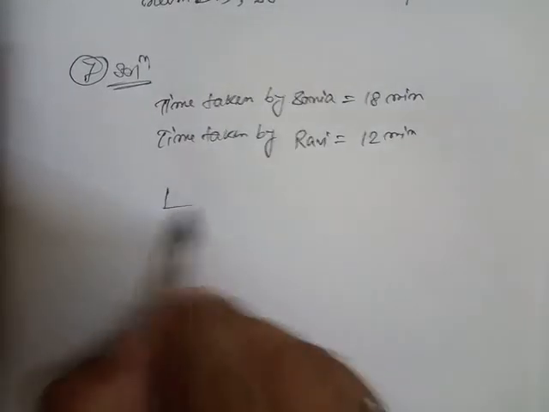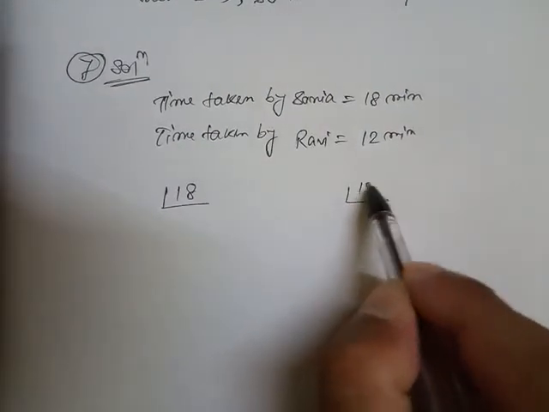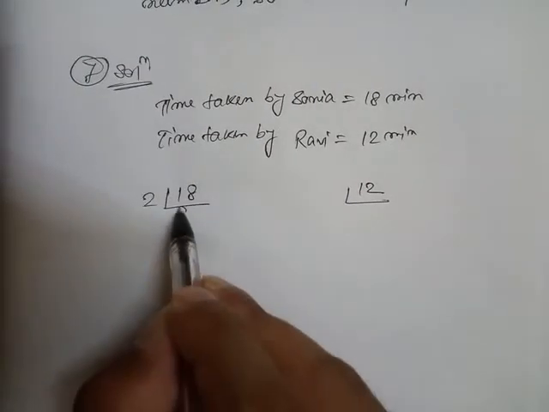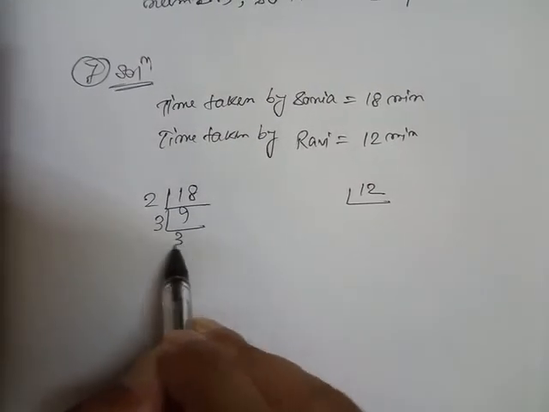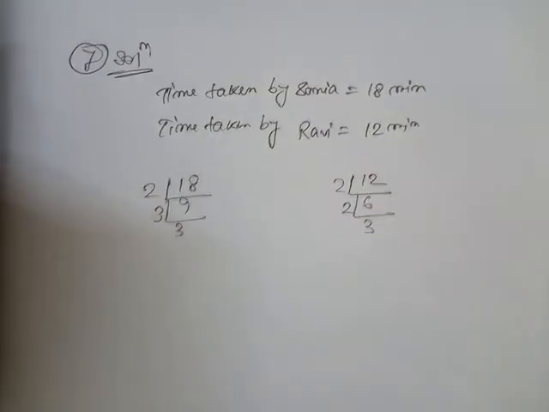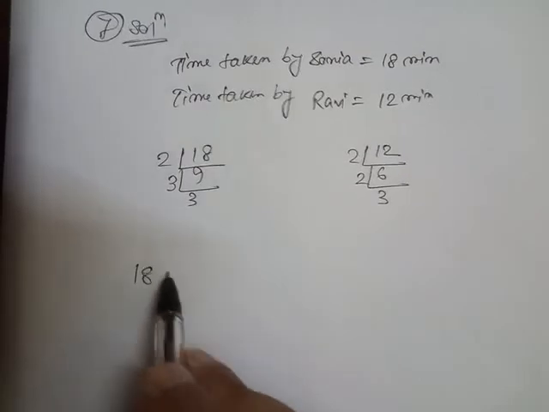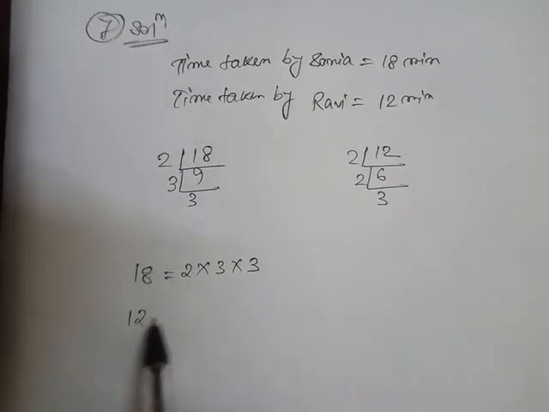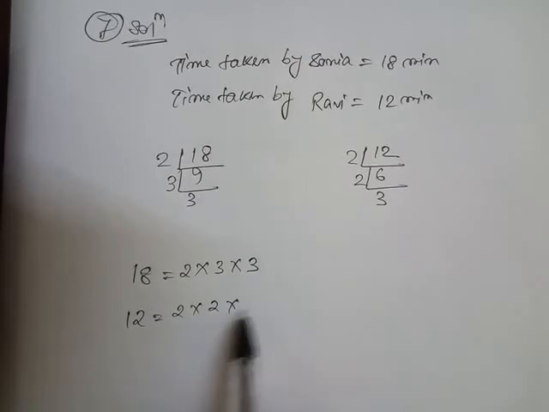So 18 and 12, both are multiples of 2 and both are even numbers, so 18 is 2 into 9, then 9 is 3 into 3, and 12 is 2 into 6, then 6 is 2 into 3. Now look here student, the factorization of 18 is 2 into 3 into 3, and of 12 is 2 into 2 into 3.